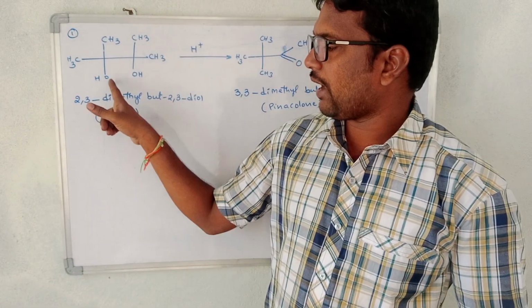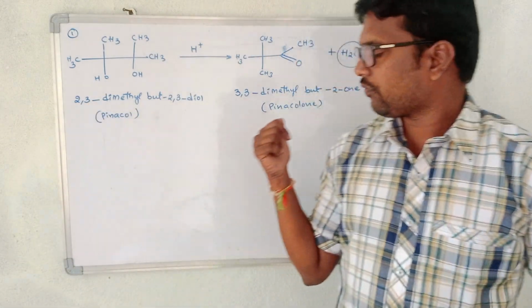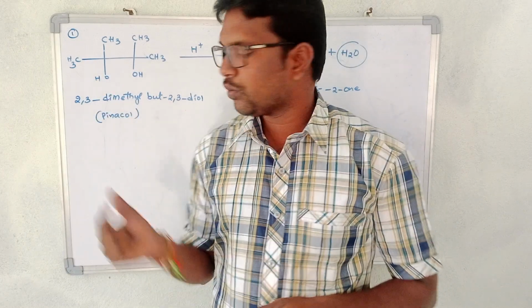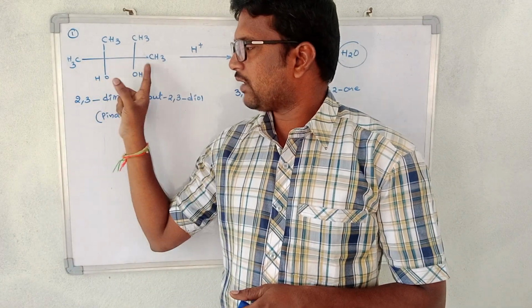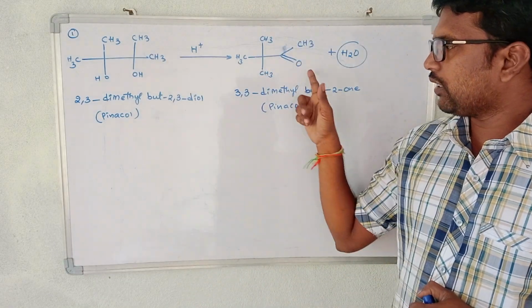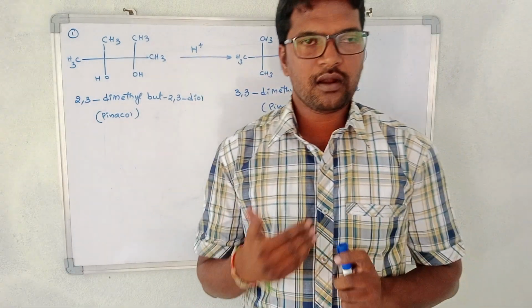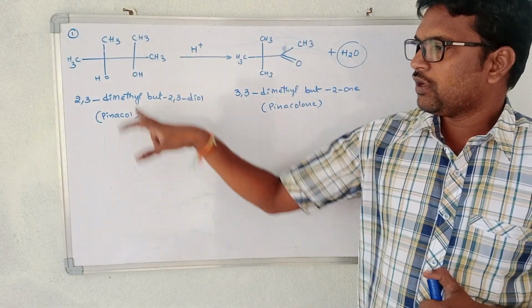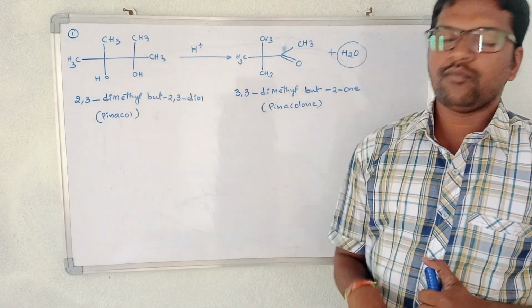The reactant is pinacol and the product formed is pinacolone. In the reactant, 2 OH groups are present and they are adjacent, so we call it a 1,2 diol, and the product is a carbonyl compound, either aldehyde or ketone, but in most cases the product is a ketone.